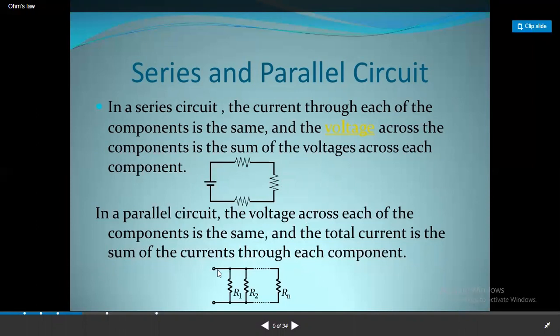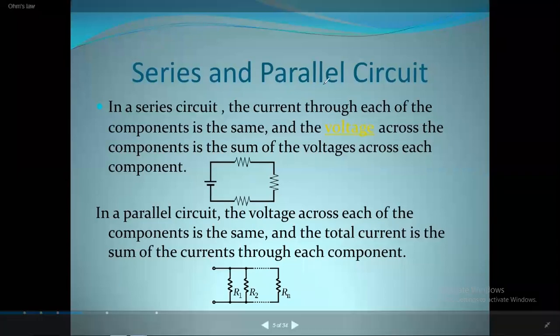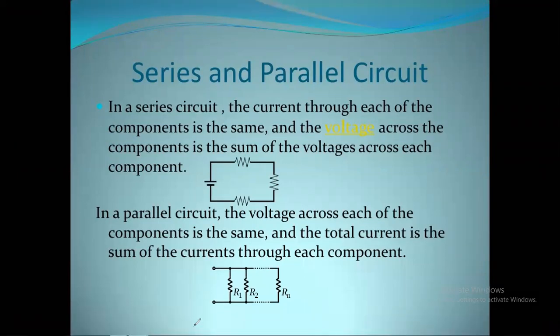When you come to the parallel circuit, here the voltage is connected over here. If I just draw a cell, and connect the cell battery to these two terminals, from here and here, the same voltage V works across all of these resistors.